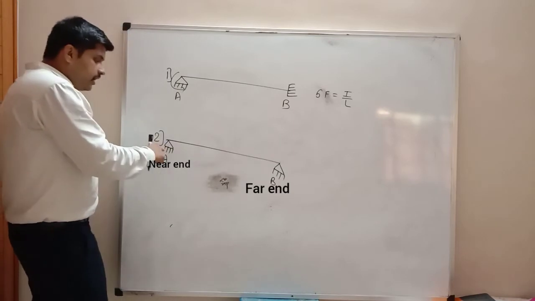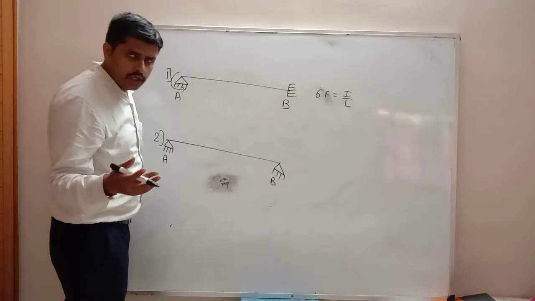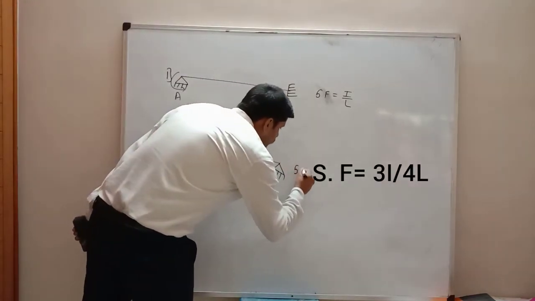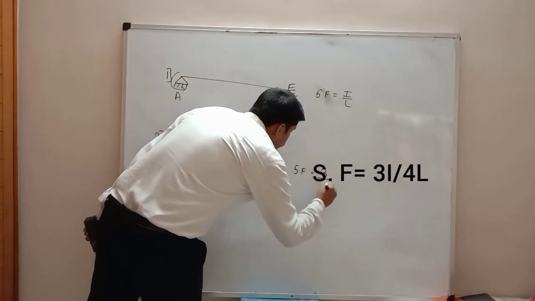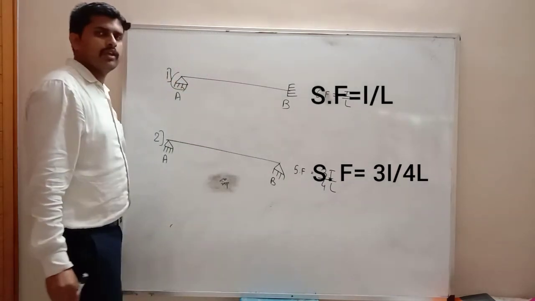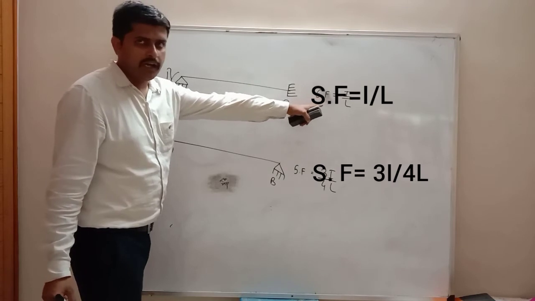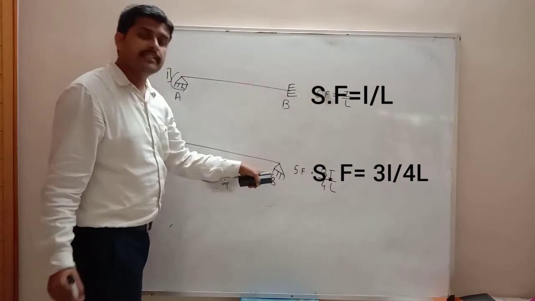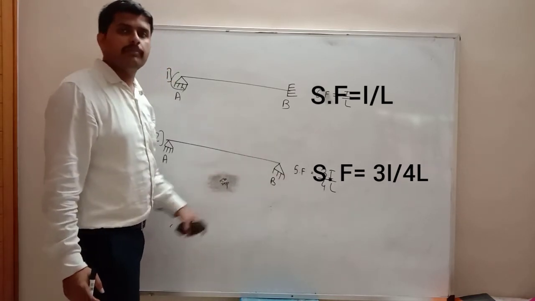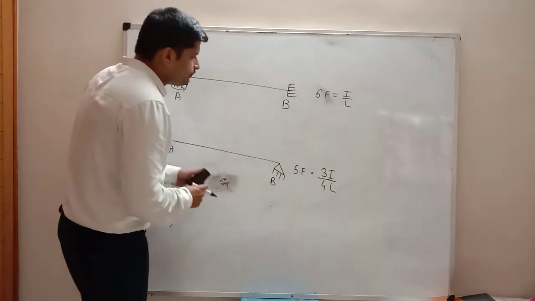Similarly, if far end is hinged, roller or simple support, then stiffness factor will be 3/4 I/L. So if far end is fixed, stiffness factor will be I upon L. If far end is hinged or roller or simple support, then stiffness factor will be 3/4 I upon L.